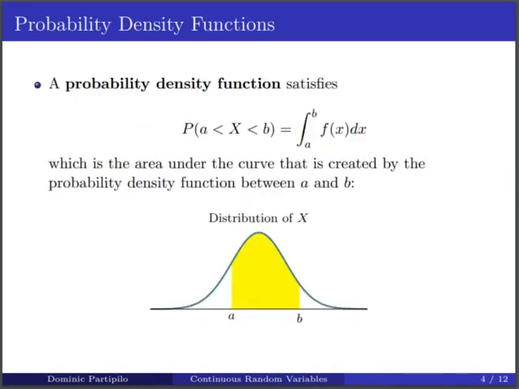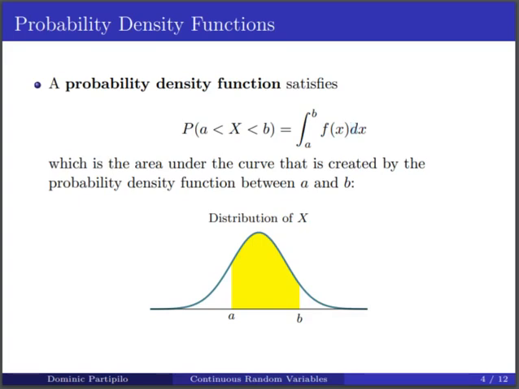So a probability density function is a function that satisfies the following. The probability that x is between some numbers a and b is the integral from a to b of this probability density function dx.